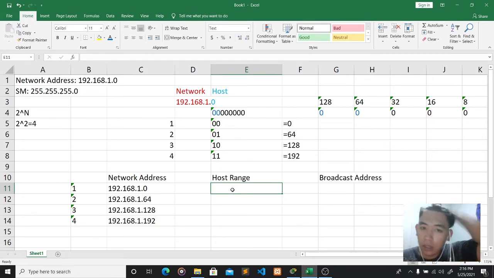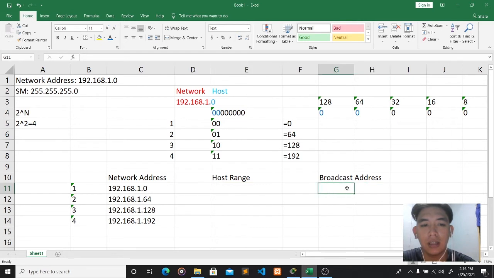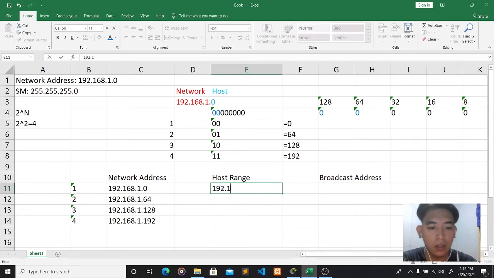Next we determine the host range. To determine it, it must start right after the network address and not go beyond the broadcast address. So our host range is 192.168.1.1 up to 192.168.1.62, since the broadcast address is right before the next network address.